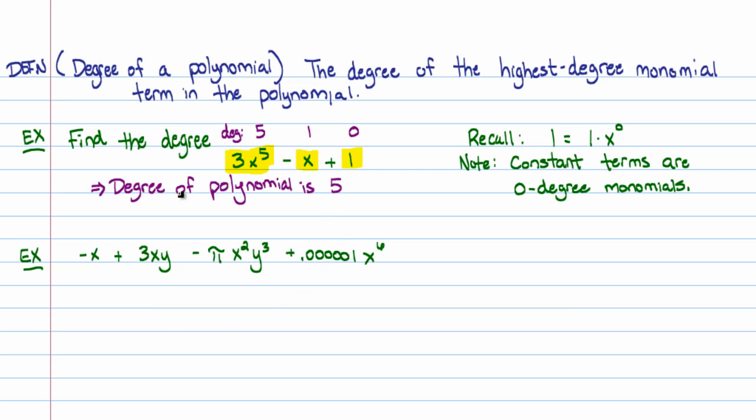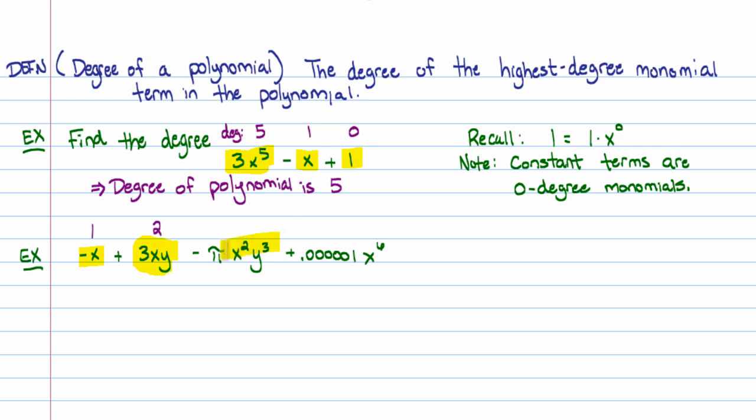Let me highlight each of those monomial terms. The first term has degree 1. The second term is x to the first, y to the first, so the degree of that monomial is 2.